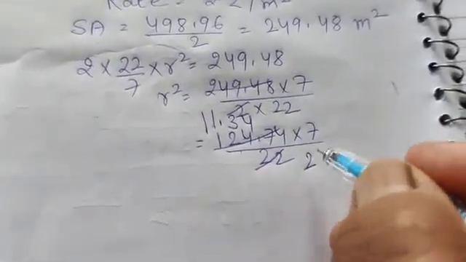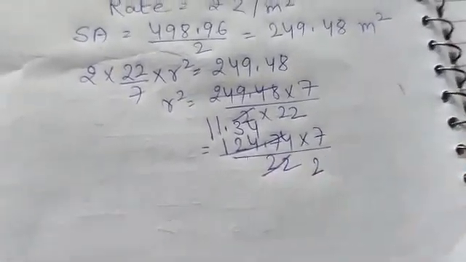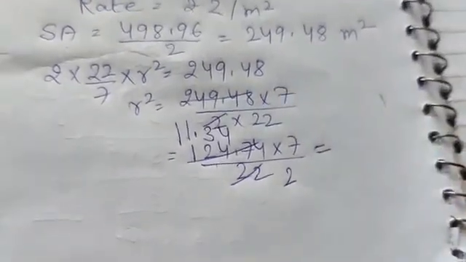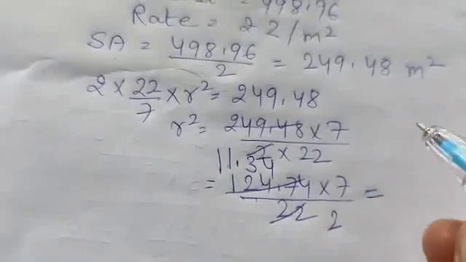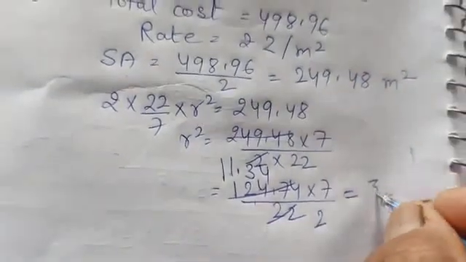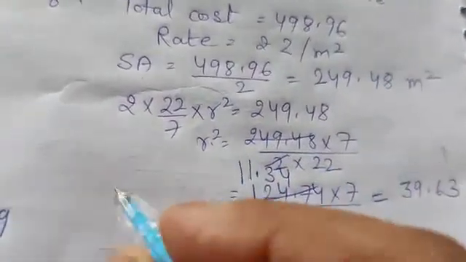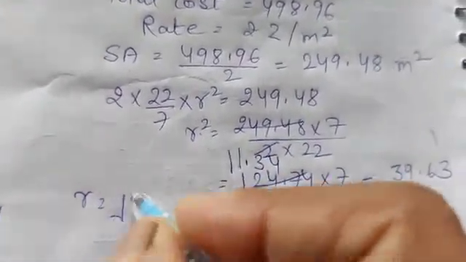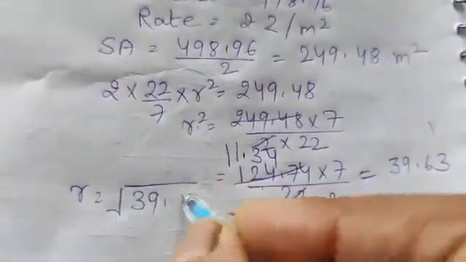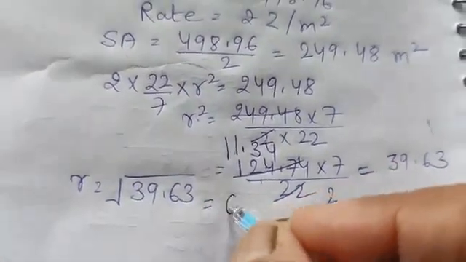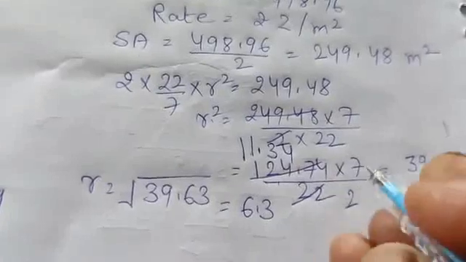Now divided by 2, or solve. Now solve. You will get 39.69. This is the r square. Then r equal to under root 39.69. It means solve this square root. You will get 6.3 meter.